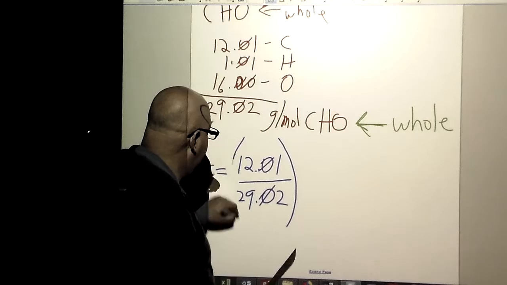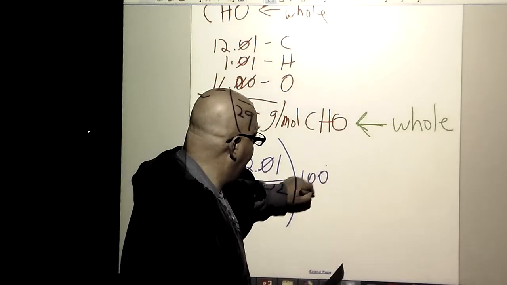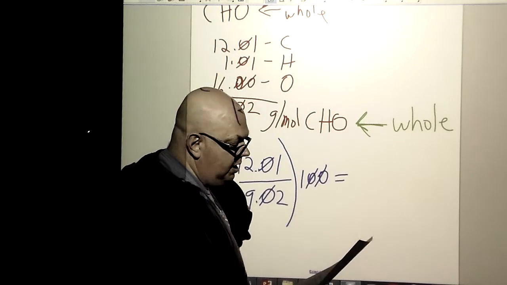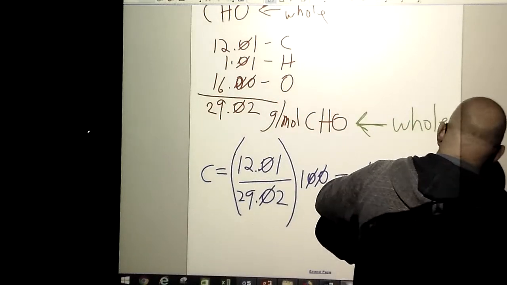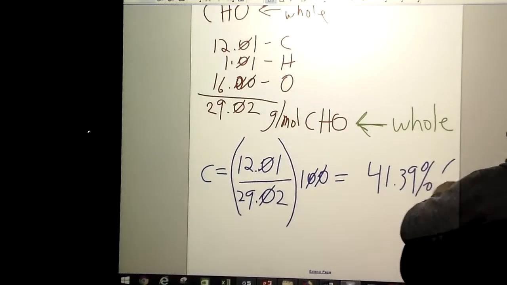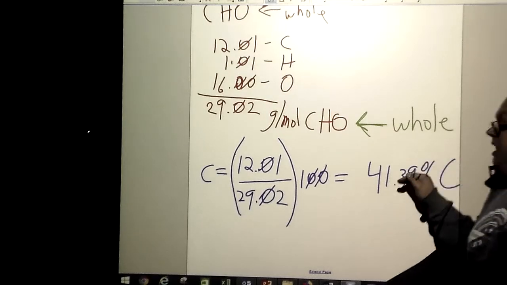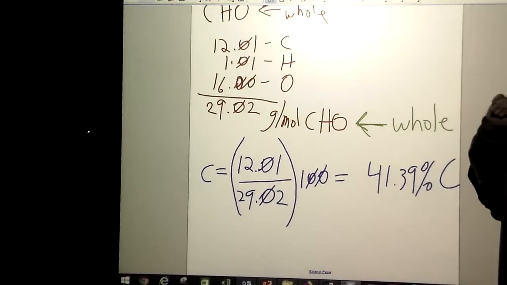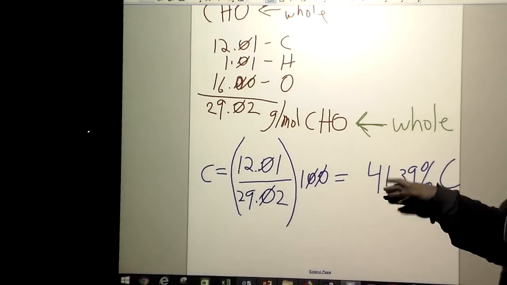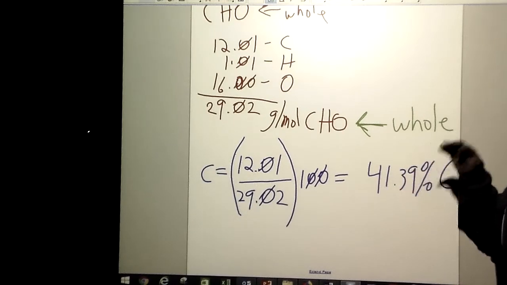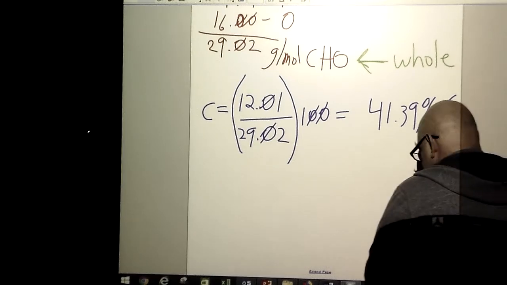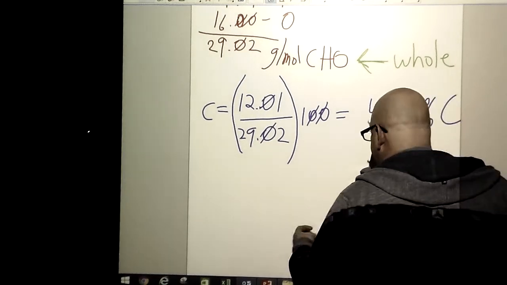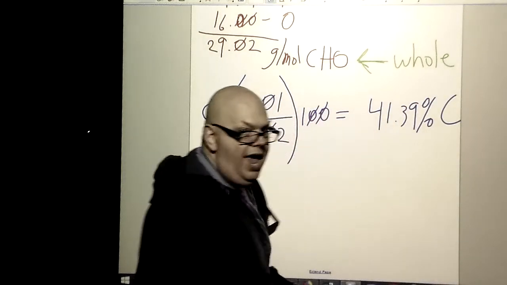We're going to multiply this by 100, and that's going to equal a big whopping 41.39% carbon. That tells me that in that CHO, about not quite 42% is based off of the carbon. That's it.